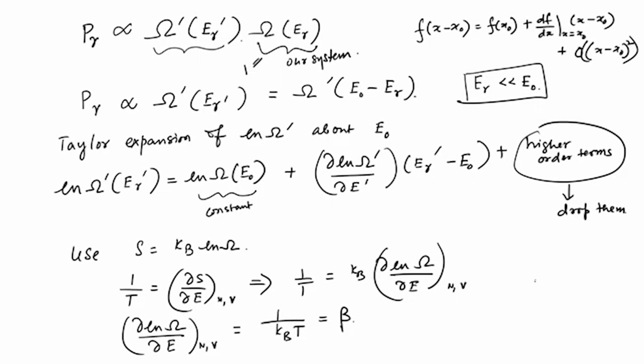Okay. So, you will see beta all over statistical mechanics. This should be remembered: it is the inverse of temperature, but there is also a k factor, the Boltzmann constant, that appears there. Now, of course, you understand that beta and beta prime are the same.